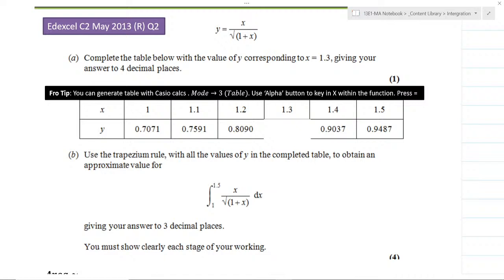And how many steps do we want? 1, 2, 3, 4, 5, 6. Oh, sorry, your step is not 6, sorry. Your step is your h, isn't it? So h in this case is equal to 0.1.